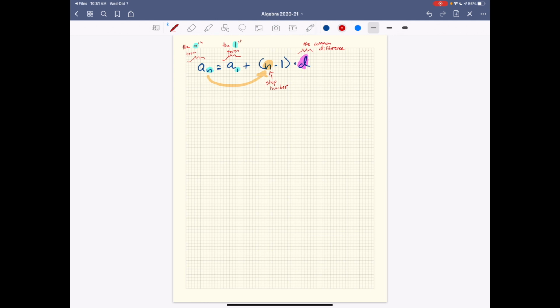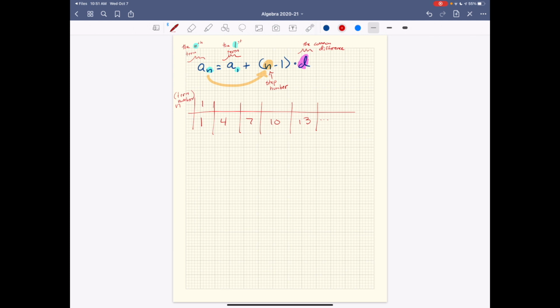Okay, so where does this come from? Why is this working? Well, let's consider something like 1, 4, 7, 10, 13, etc. 1 was which term in the sequence? Okay, so this is n, the term number.